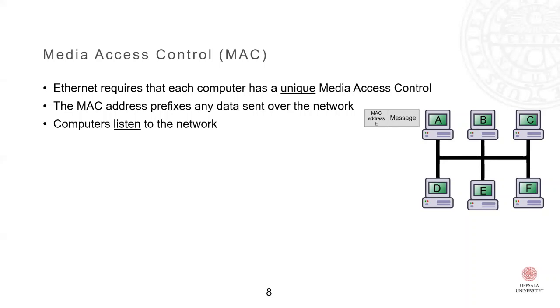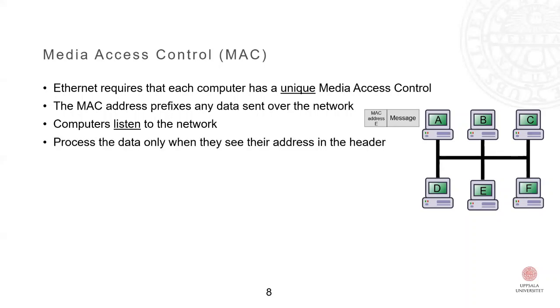And the computers that are connected to a LAN listen to the network, which intuitively means that they check the carrier, the transmission medium they are connected to. So in the case of Ethernet, they check their Ethernet cables, or if they are connected through Wi-Fi, they check the signal sent in the air.